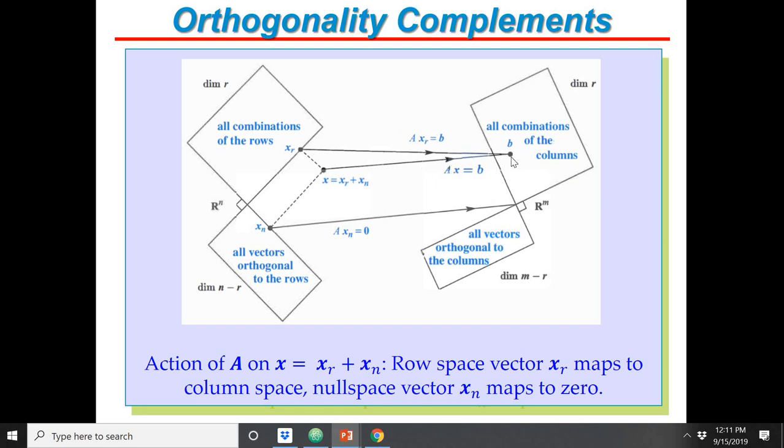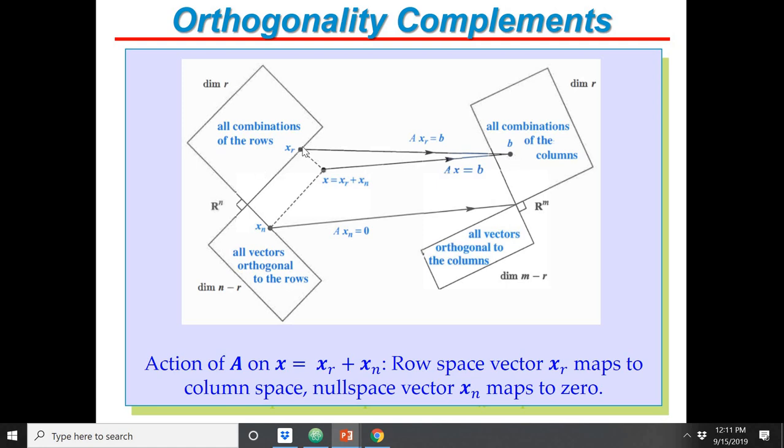Here is a b in the column space, and we're trying to solve Ax equal to b. In general, any x has two components, xr and xn. If you operate with A on xn, xn is mapped to the zero vector because that's the null space definition. And if you operate A on xr, this is mapped uniquely to the vector b in the column space.